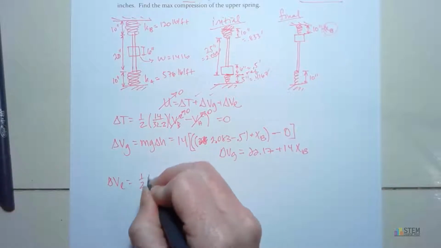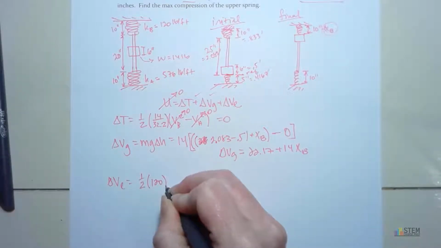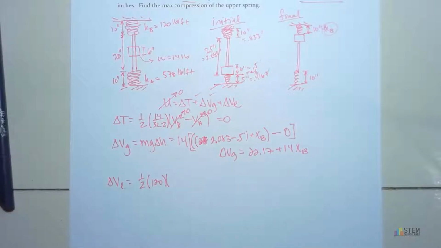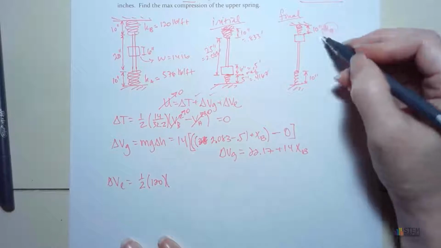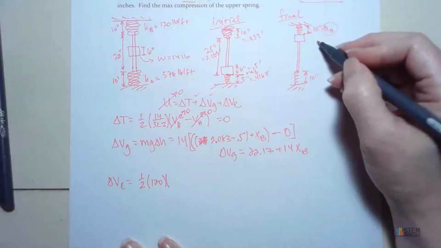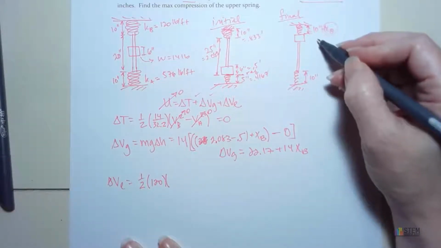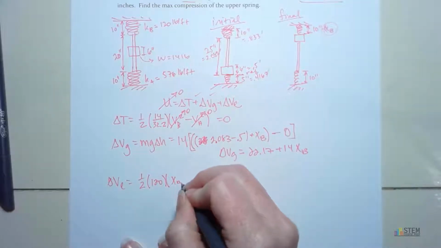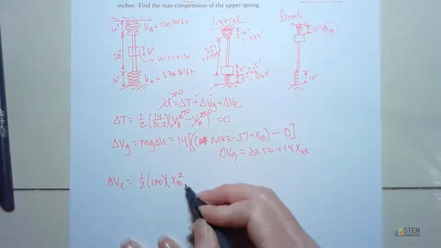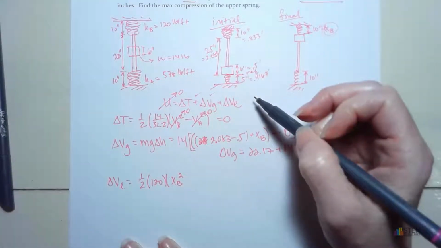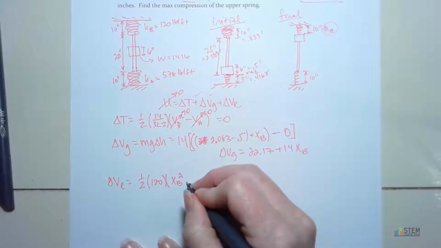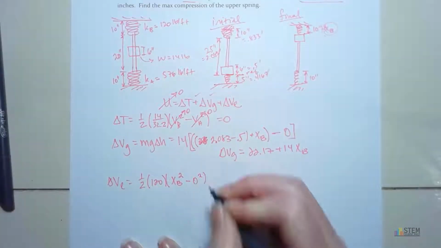We're going to have 1/2 times k, which is 120, and then you want the stretch or compression in the final position. So here, our stretch or compression, what's that going to be? It's going to be XB, because XB was the amount we were compressed. So XB squared, and then initially, how much was this top spring compressed? It wasn't compressed at all, so this is going to be 0.